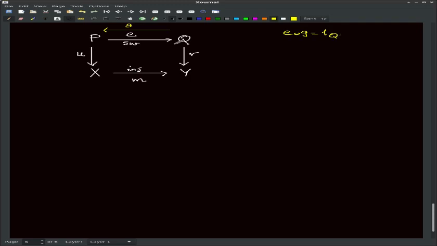Clear? Because E is surjective. Yeah. So now I am taking this W to be UG.